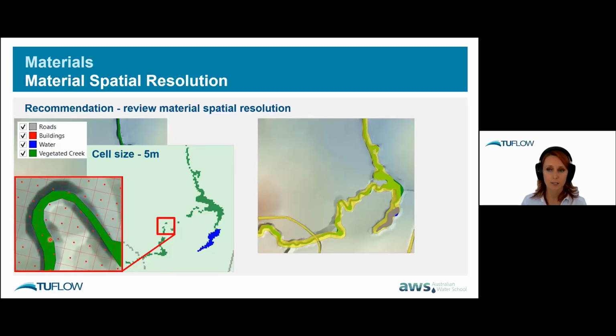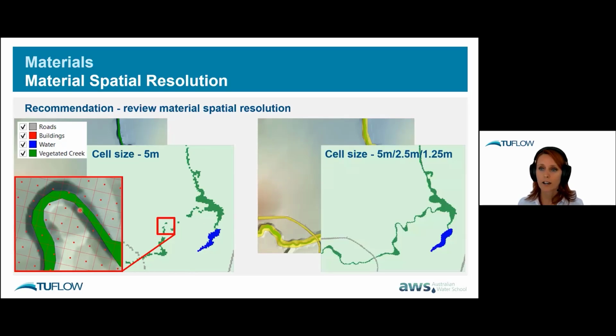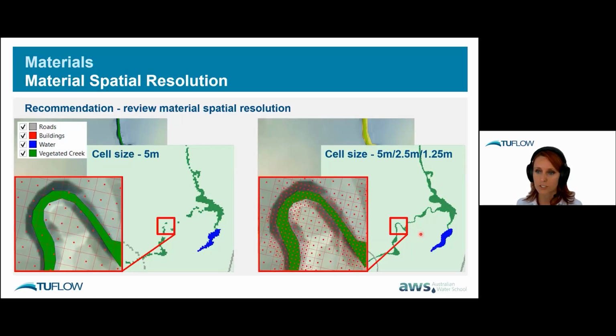We can do it easily with quadtree just by using a quadtree polygon. I have used a cell size 5, 2.5, and 1.25 meters within the creek. And if we zoom into this location, we get nice representation of the material flow path because we have smaller cell size at the location where we actually need it, not in the whole model.